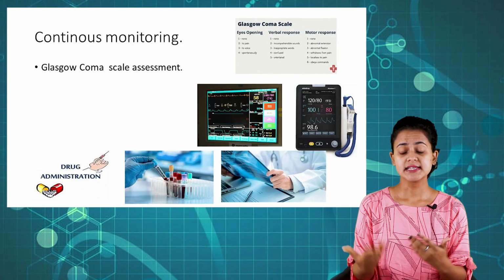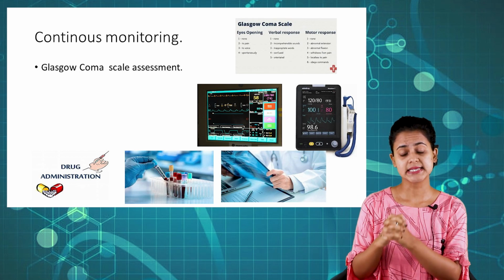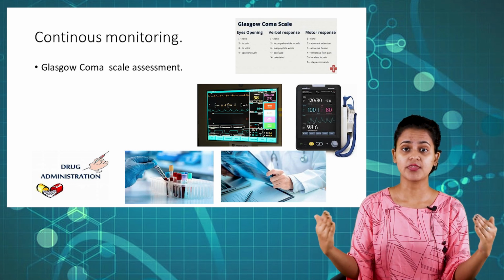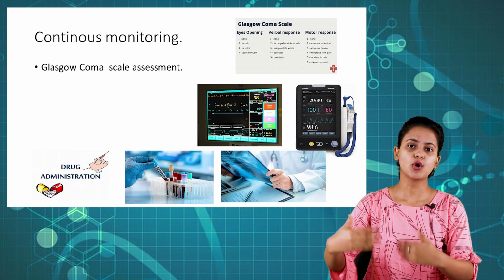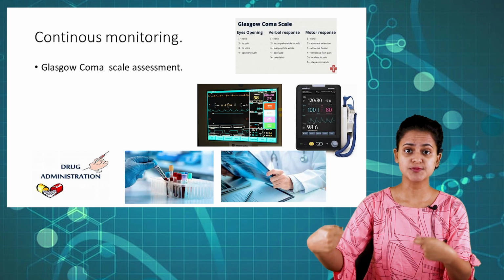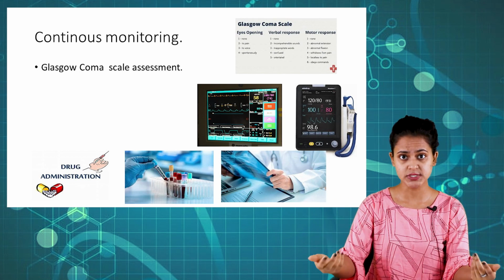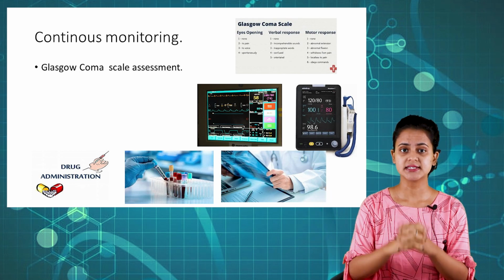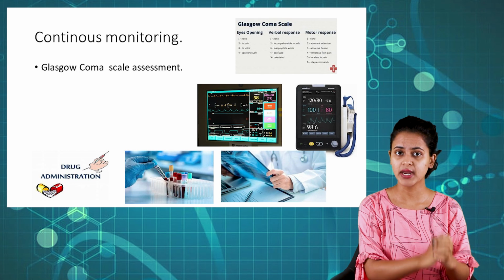So here, the continuous monitoring will basically include the assessment of the Glasgow Coma Scale. The Glasgow Coma Scale helps a nurse to understand the neurological status of the client, which will often be communicated to the physician. Depending on the neurological state and their responses, a physician will prescribe medications and further therapies.